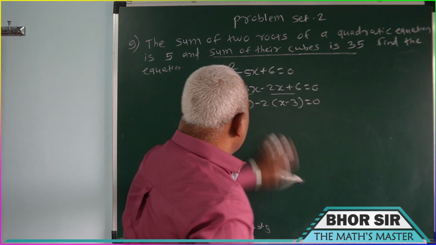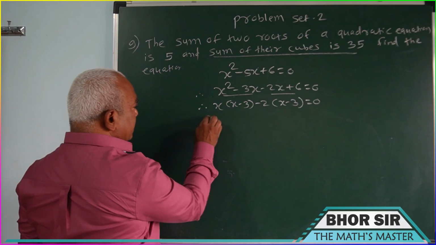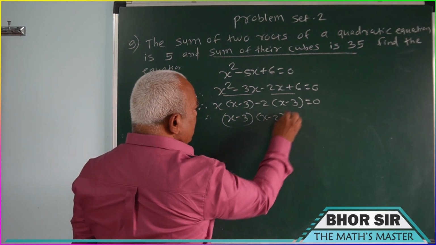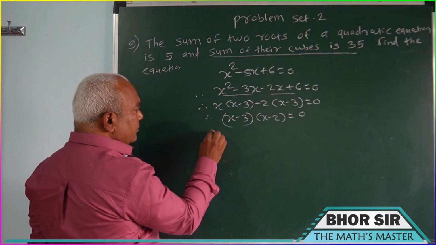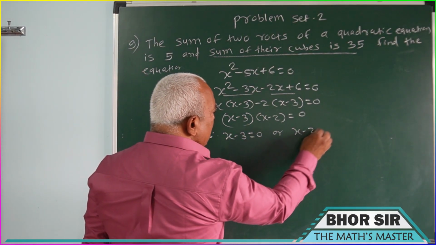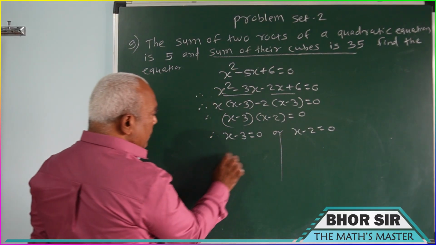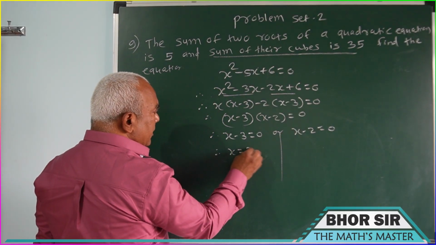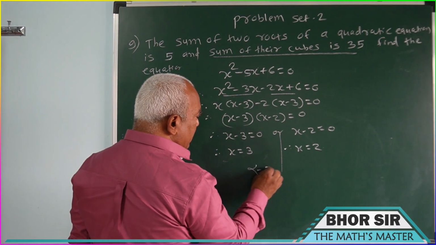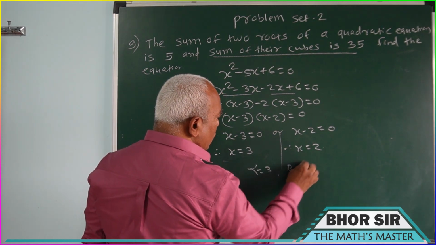After solving this, we get (x minus 3)(x minus 2) equal to 0. So x minus 3 equal to 0 or x minus 2 equal to 0. Therefore x is 3 and x is 2. We can say alpha is 3 and beta is 2.